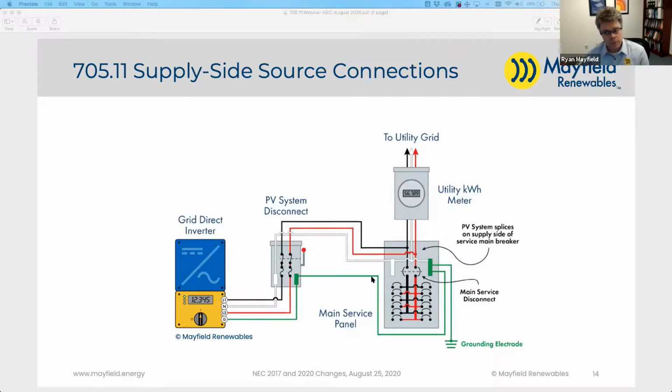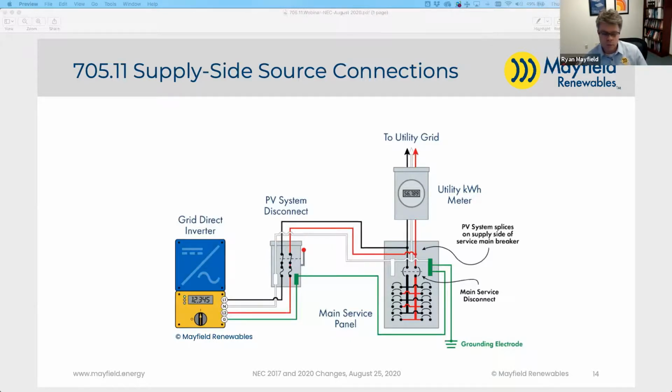Nonetheless, I think the good advice is, if you're having this as a difficult conversation with an inspector, going and looking at the NFPA records might be a good way of showing that this was the way to do it.